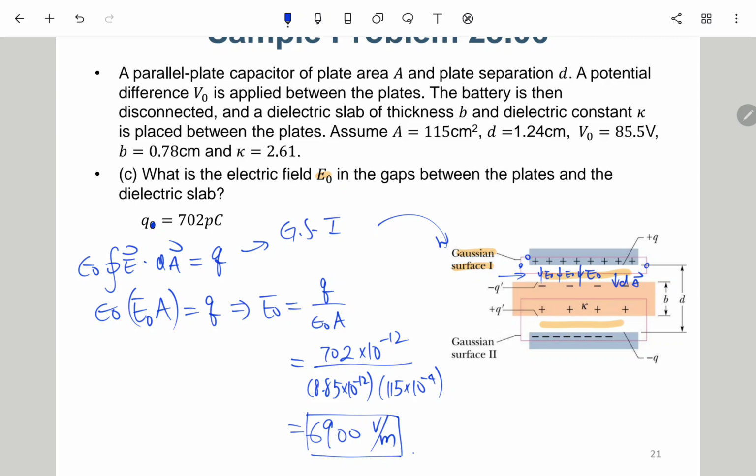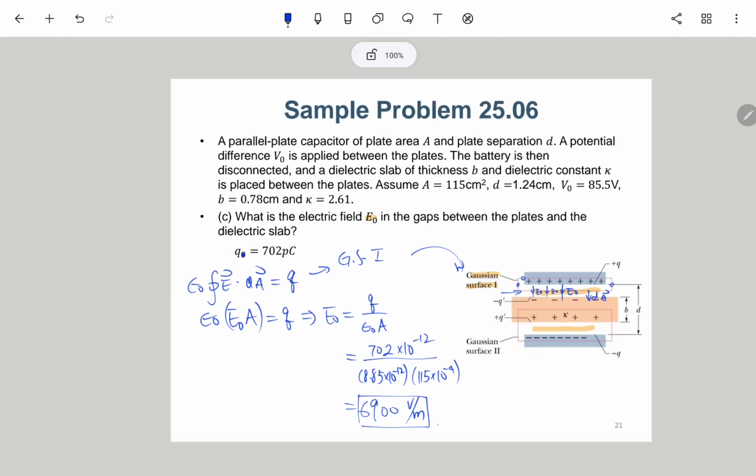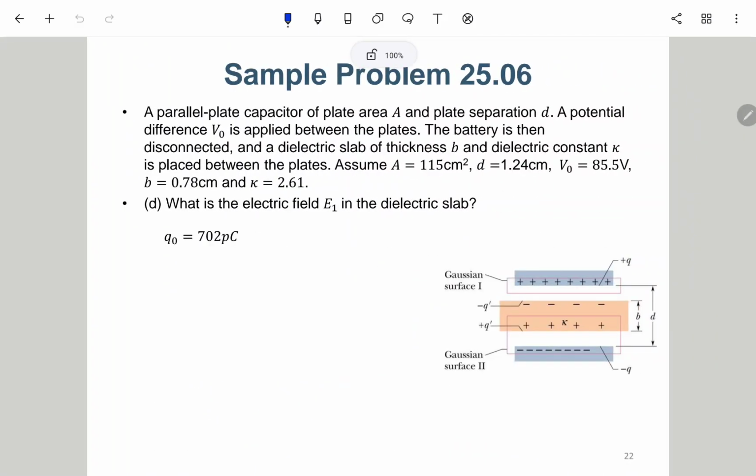Okay, so here we have nothing to do with the dielectric yet. Here we start to consider the dielectric. It asks you what is the electric field E1 in the dielectric slab. Outside we will have E0, and also for the bottom part, all the way E0.